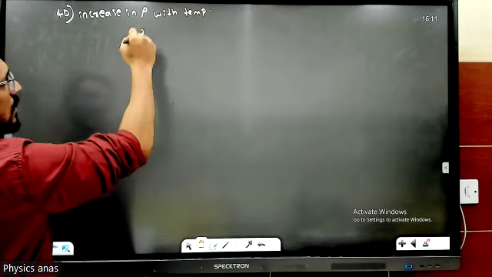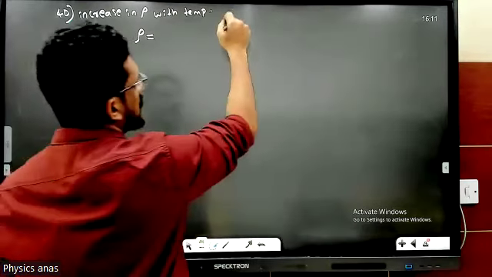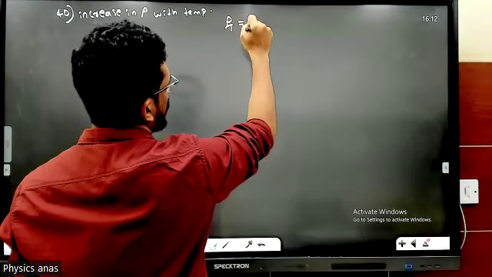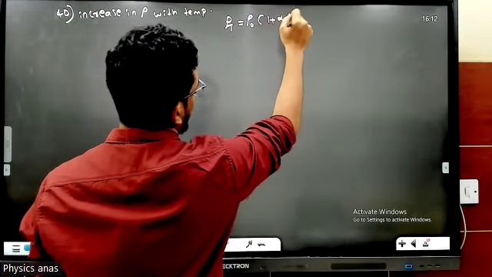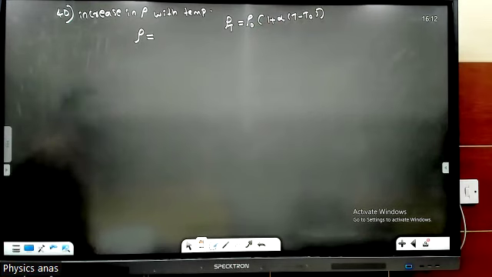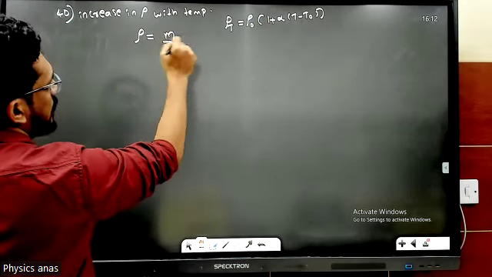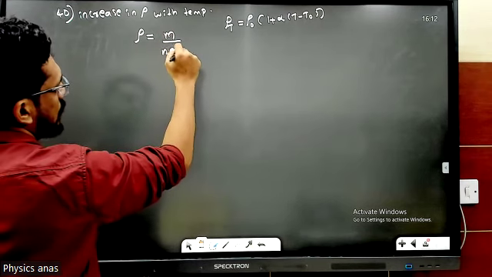You can use two equations. The equation rho T is equal to rho 0 into 1 plus alpha into T minus T0 is okay, you can use that. But there is another equation, rho is equal to m divided by n e square tau.